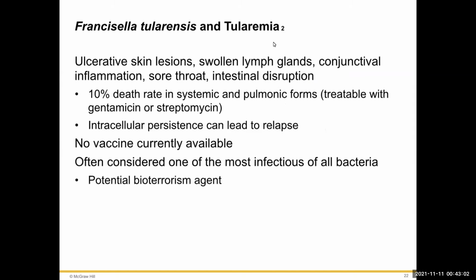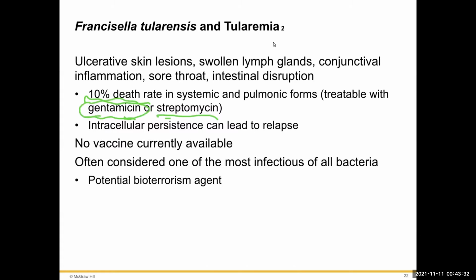It also causes ulcerative skin lesions, swollen lymph glands, conjunctival inflammation around the eyes, sore throat, and intestinal disruption. There is a 10% death rate in the systemic and pulmonary forms, so when it enters the bloodstream or the lungs, you get a 10% death rate. It's treatable with a gentamicin and streptomycin combination.